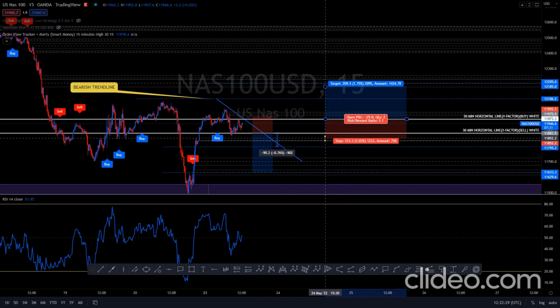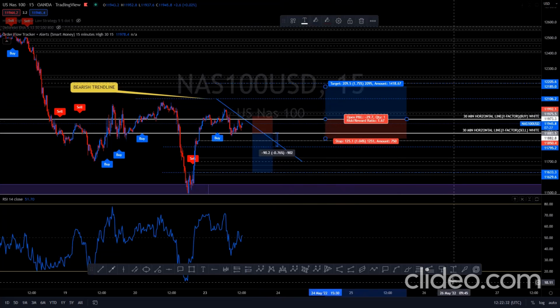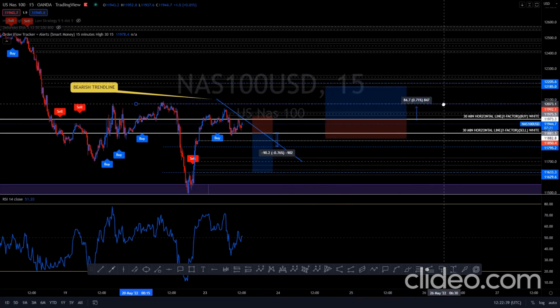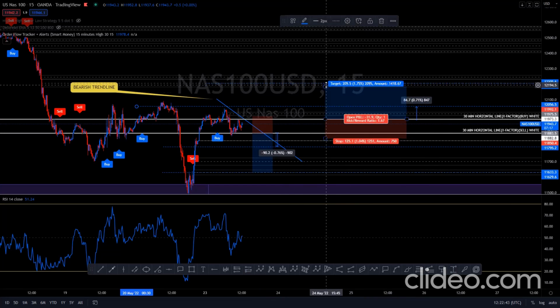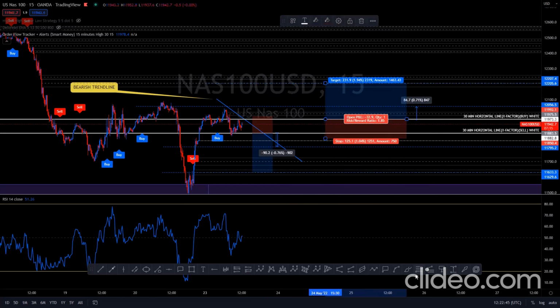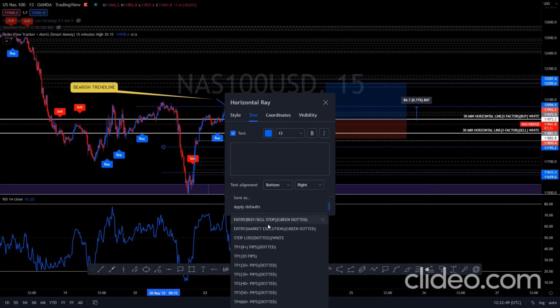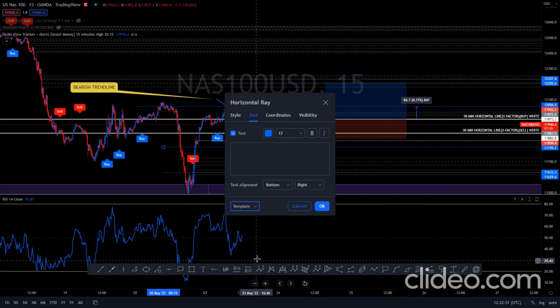So I put the stop loss down here, then at least 10 pips worth of NAS, which is down in here. Take profit 1, and then this would be take profit 2. Then I'm going to label these, and then set my alarms for these.